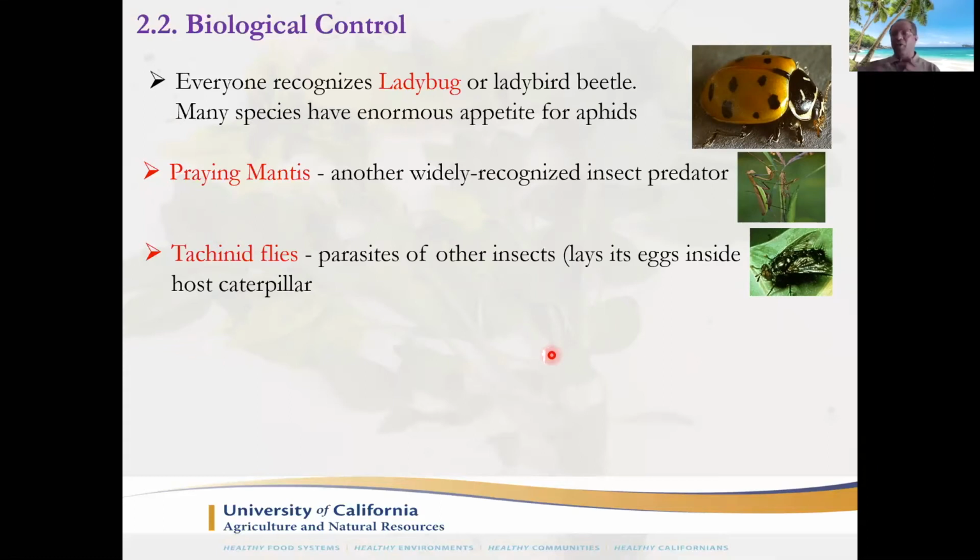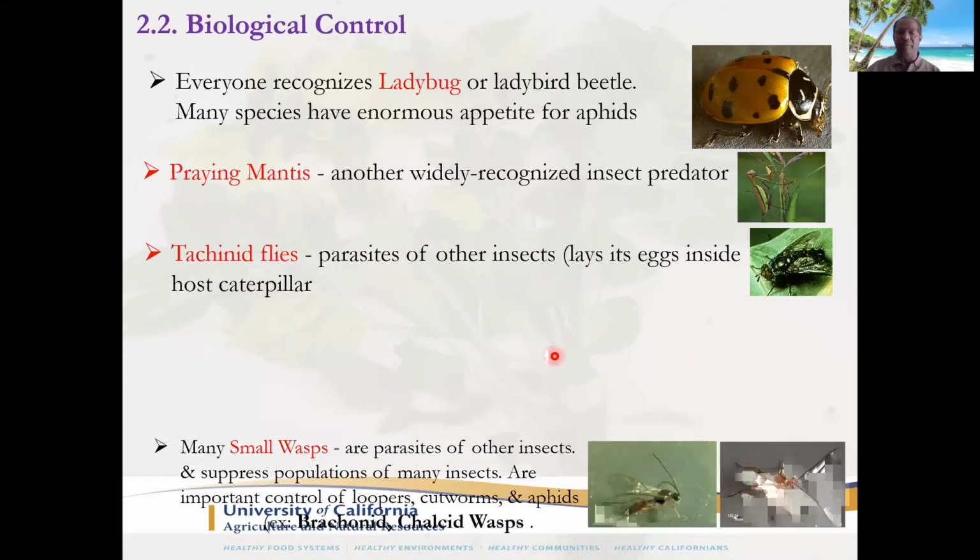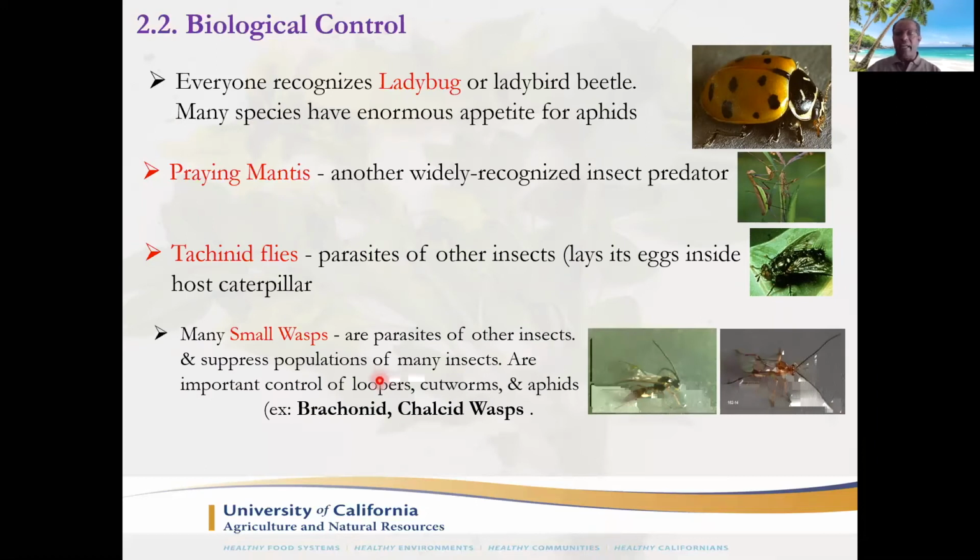So it grows into the larvae and so on, and finally it kills those larvae. All right? There are also wasps. So when you see those in your garden, consider them as your collaborators or friends.